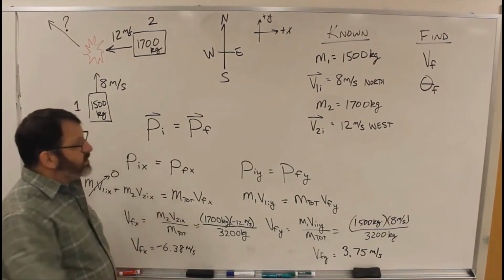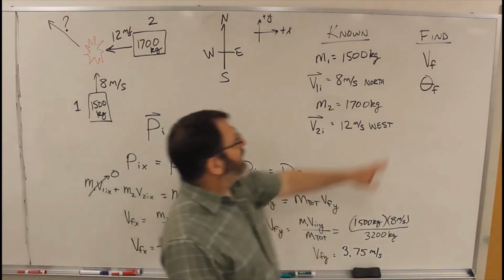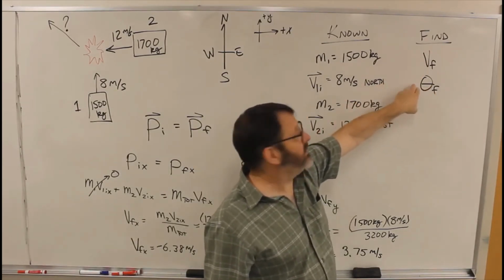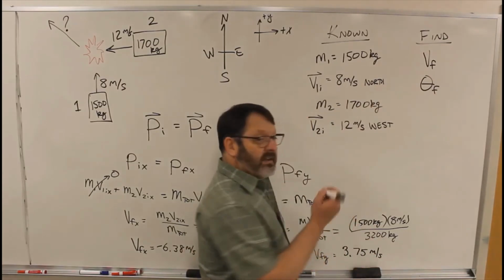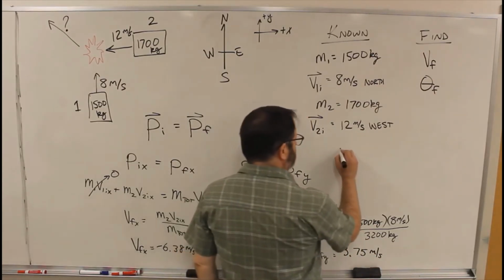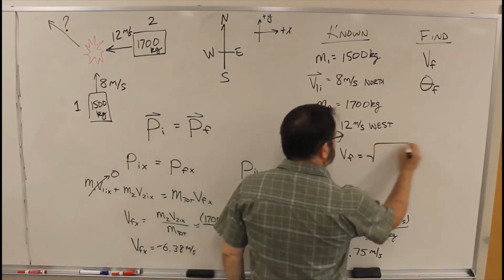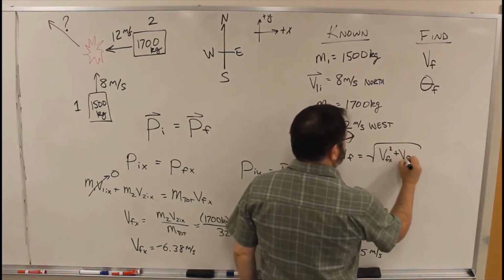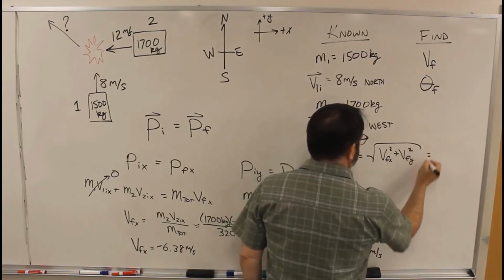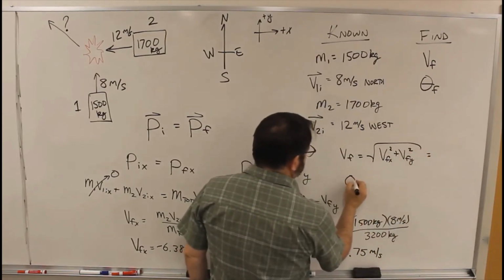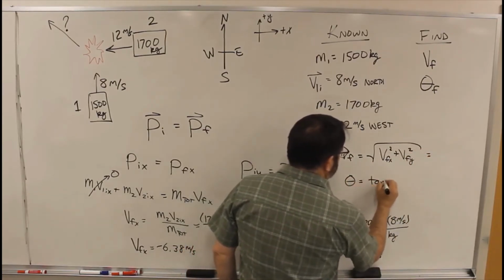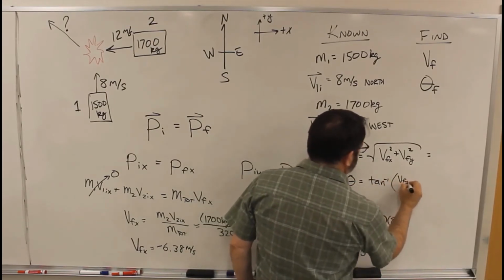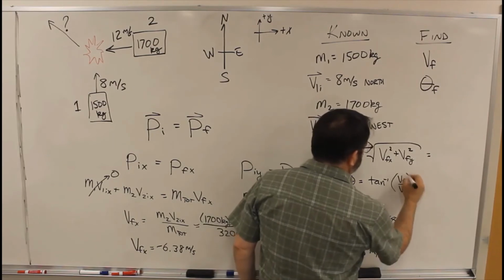So we have the x and the y components now, but we're actually looking for the speed and the direction. So the speed we get using the Pythagorean theorem. So V final is the square root of V final x squared plus V final y squared. And theta is inverse tangent of V final y over V final x.